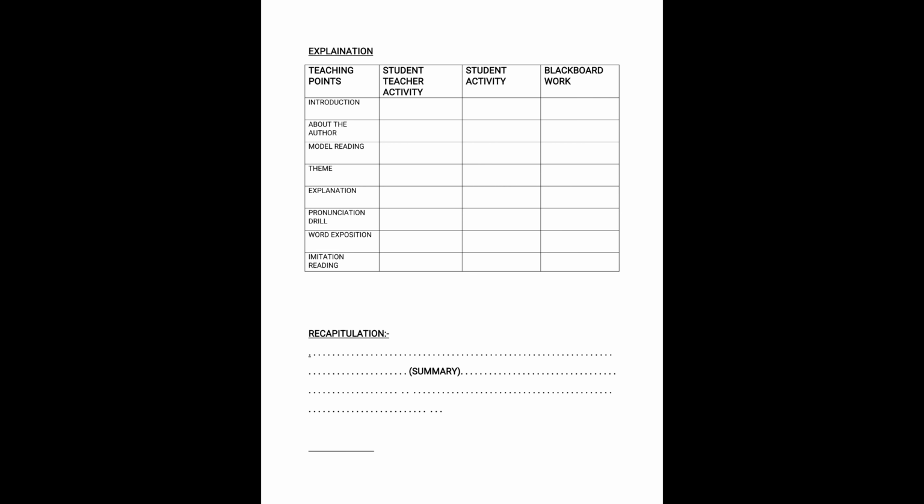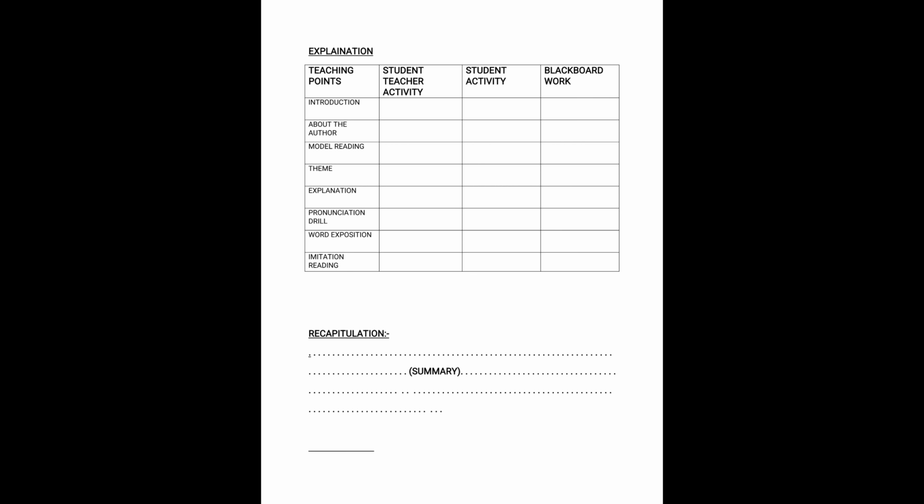Now, the teacher will do the model reading and then explain the topic very clearly. After which comes pronunciation drill, in which the student teacher helps the students to pronounce some difficult words, followed by word exposition, in which the teacher will explain the meaning of some difficult words. Then comes imitation reading, where the teacher will ask the students to read the chapter out loud.